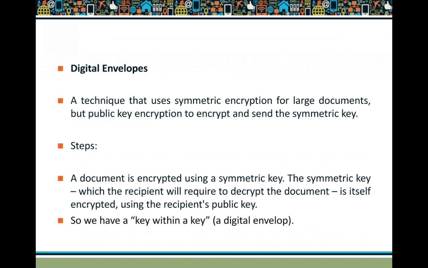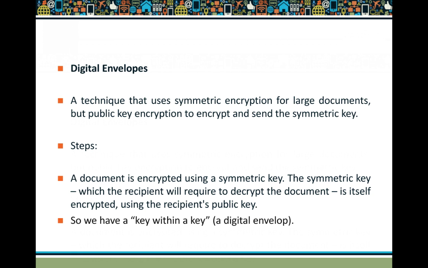So here we use two encryption techniques. First, in order to send the message, we use a symmetric key technique in which the sender and receiver will be using the same key, and in order to protect the key, it will be encrypted by using the recipient's public key. So we have a key within a key.